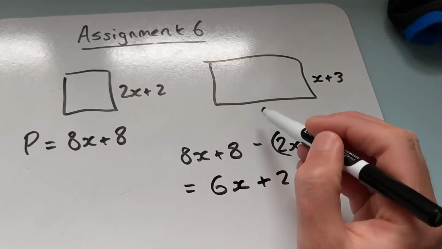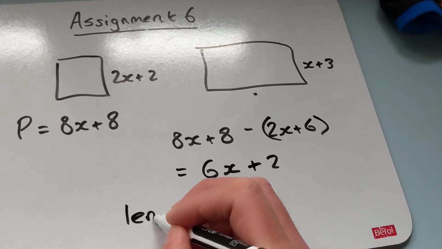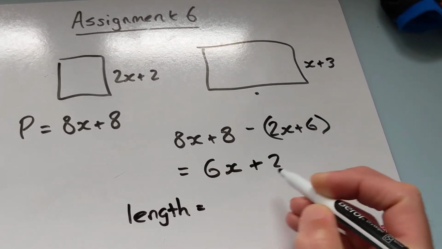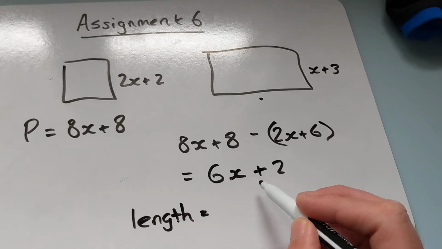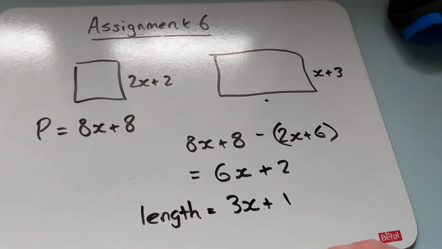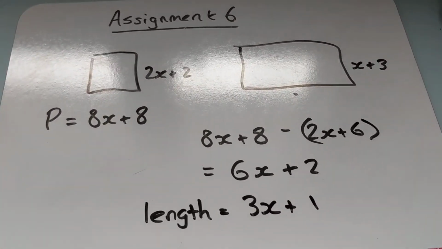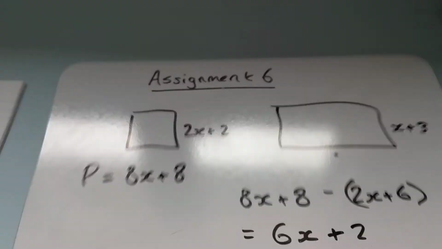That must be split evenly between those two sides. So the length of the rectangle is half of 6x plus 2, which is 3x plus 1. And it said in the question to show that the length of the rectangle is 3x plus 1. And that would have been you doing it.